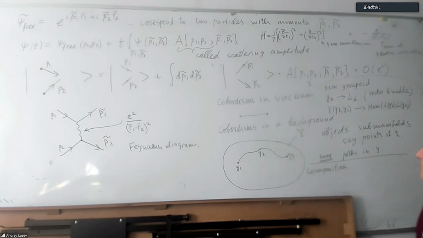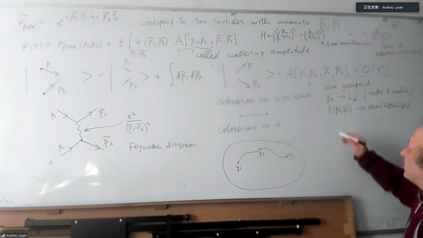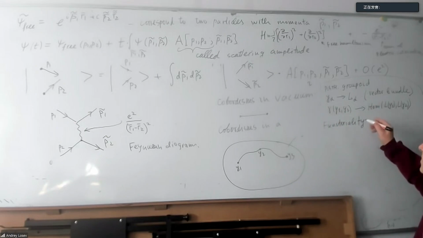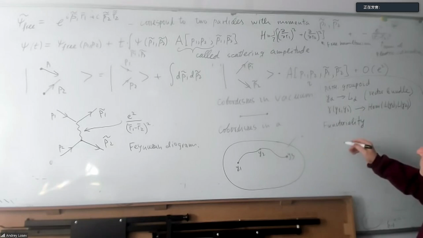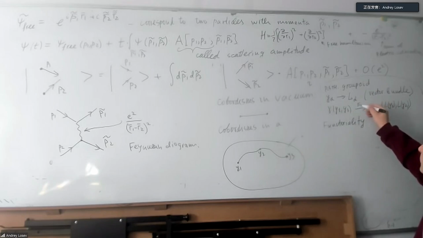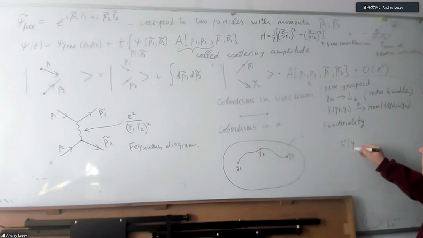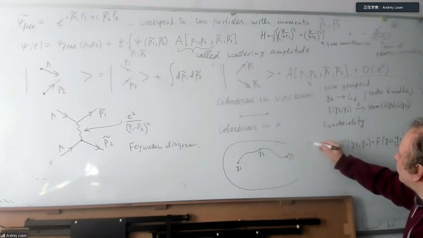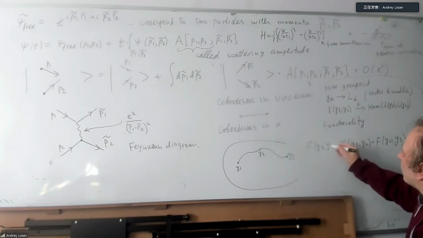Now functoriality means that, I call it F, that F(Y1, Y2), F(Y2, Y3), sorry, and here it's F(Y1, Y3).